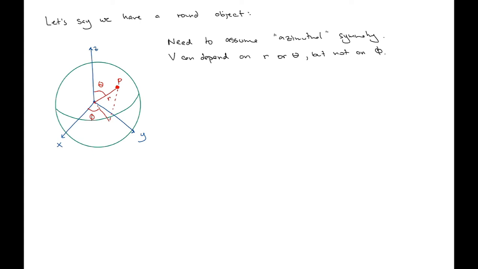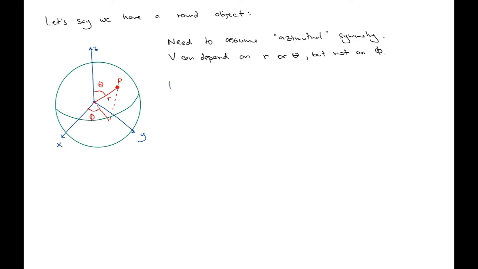Okay, so what that means basically is if I go around my sphere here, I could have a potential that could change with the distance from the origin. It can also change with this theta, which would give me, right, different kind of layers of potential, okay? But as I go around the sphere in this phi direction, the potential can't change. So I can rotate it that way, and it has that kind of symmetry, okay?